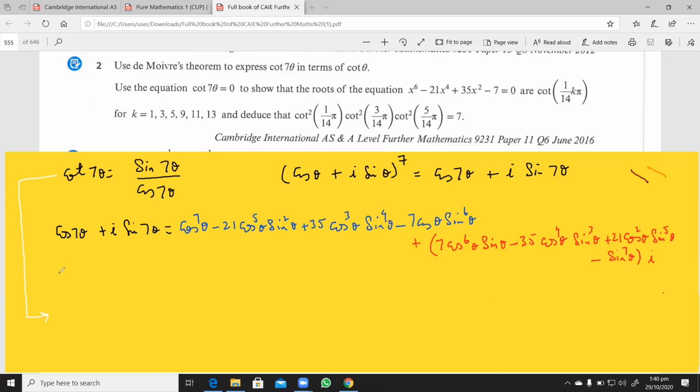Yeah, okay. Now, cotangent 7 theta is going to be, now instead of this sine 7 theta, that is the imaginary part, okay? So I'll be writing all of this red one here. So this is, let me just write this.